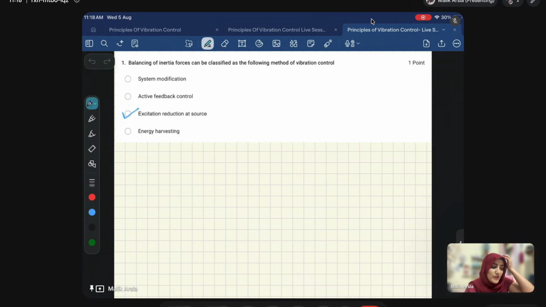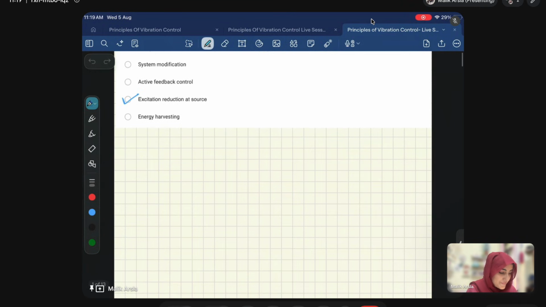So here we are not doing any sort of that thing, neither are we taking any active feedback control from the system. It is not active feedback control. And in case of energy harvesting, the vibration at the system, we are trying to use that vibration energy. Basically we harvest that vibration energy, dissipate it and use it for some different purpose. So balancing of inertia forces is basically excitation reduction at the source.